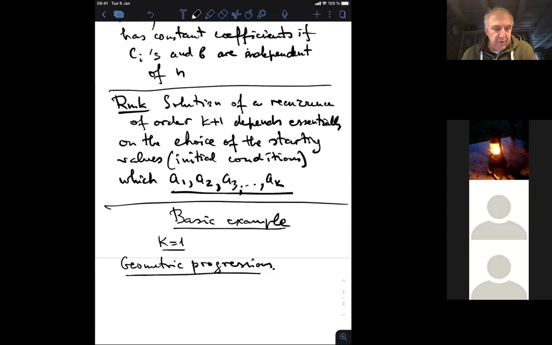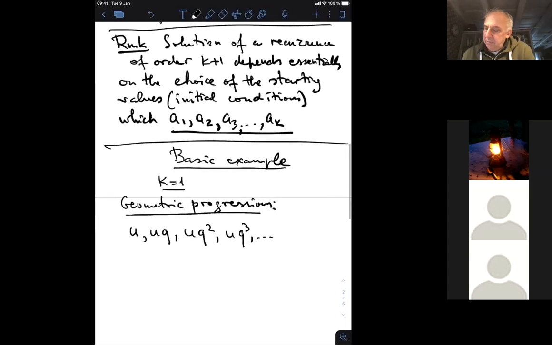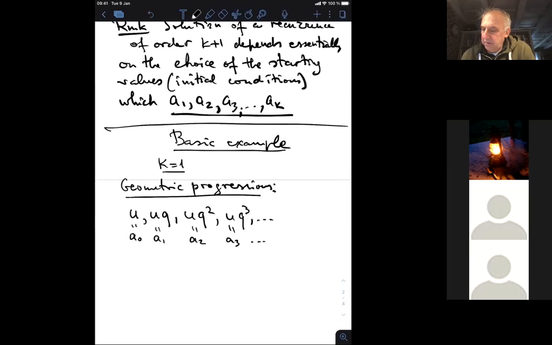What is a geometric progression? A geometric progression is a sequence of numbers of the form, say, u, u times q, u times q squared, u times q cubed, and so on. Well, what do we have? If we denote these A0, A1, A2, A3, and so on, then we have an obvious relation.